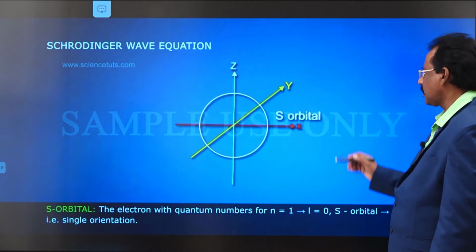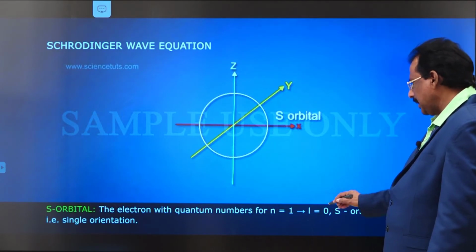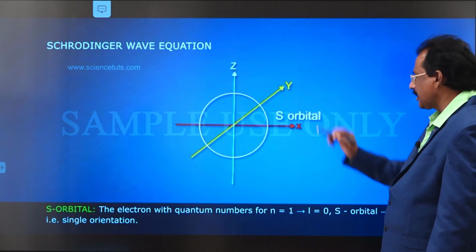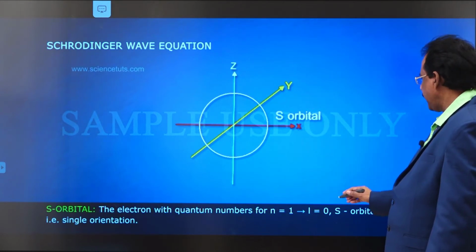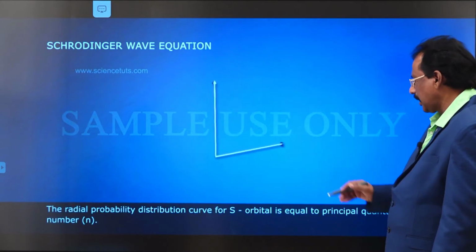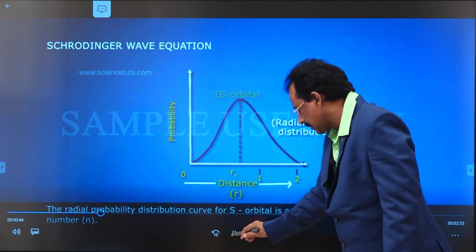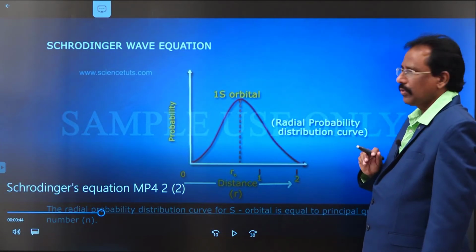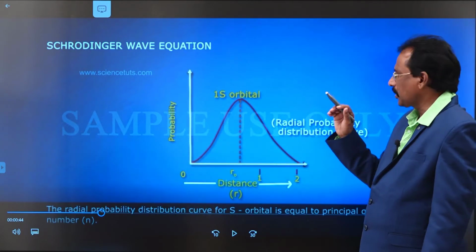This is s orbital. It is already known to you. For s orbital, L is equal to 0. If it is 1s orbital, for example, n is equal to 1 and L is equal to 0. It is known to you in probability distribution curves.